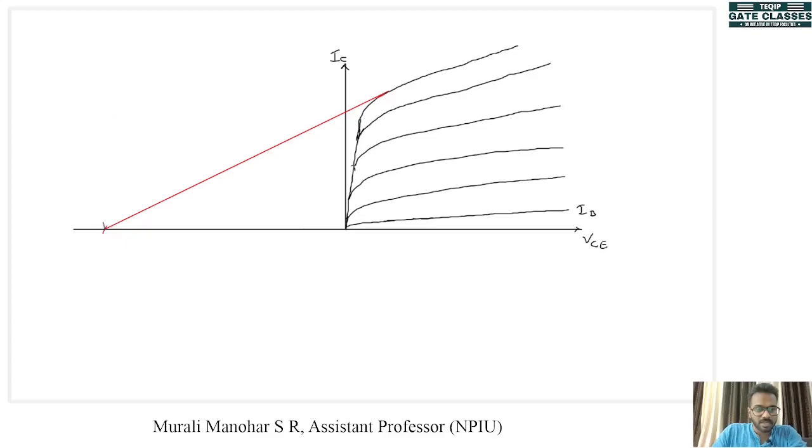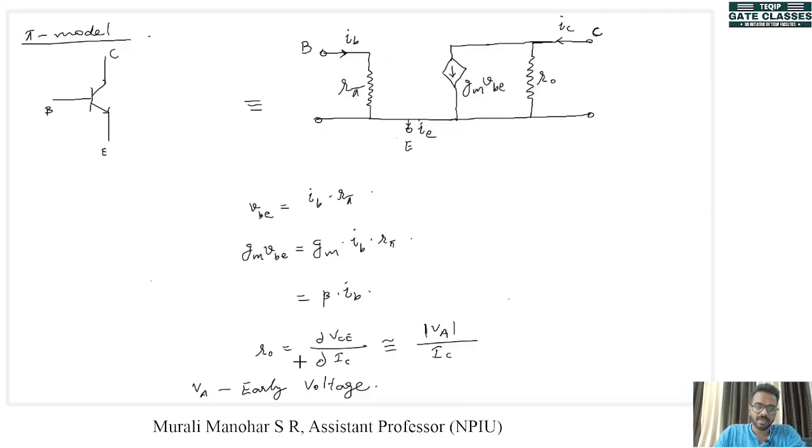If we take the voltage between this point and from where we started extrapolating, the modulus of the difference in this voltage is called the early voltage. This is VA. From the output characteristics, we can find out VA, and from that we can find out the value of RO.